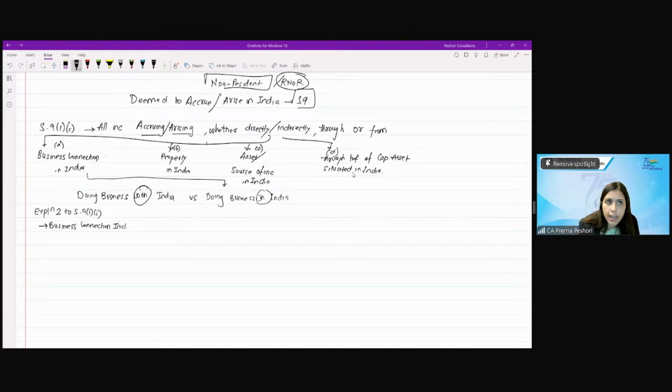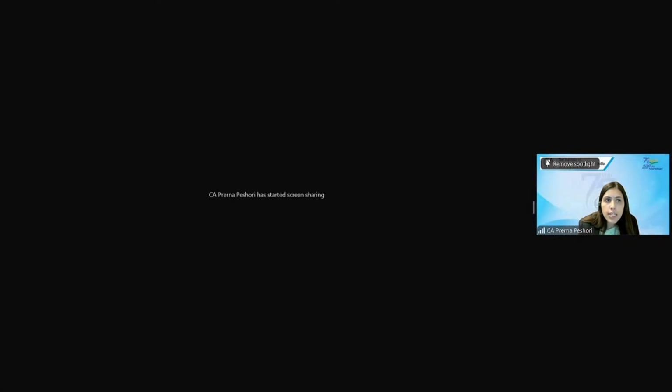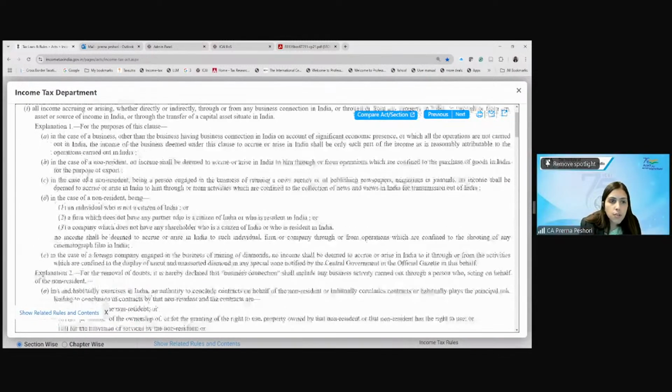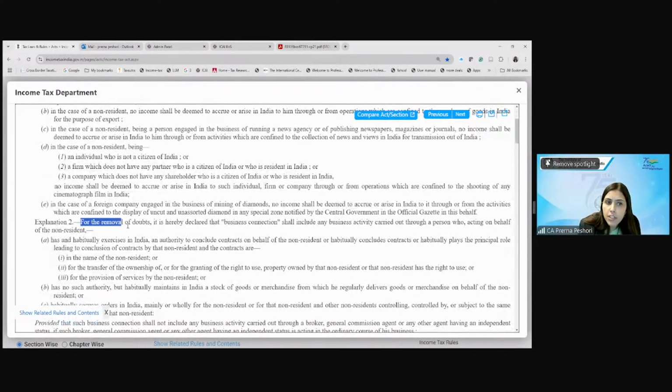Let me show you the Act itself. Yes. So if you see Explanation 2, for the removal of doubts, it is hereby declared that the business connection shall include any business activity carried out through a person who is acting on behalf of the non-resident.